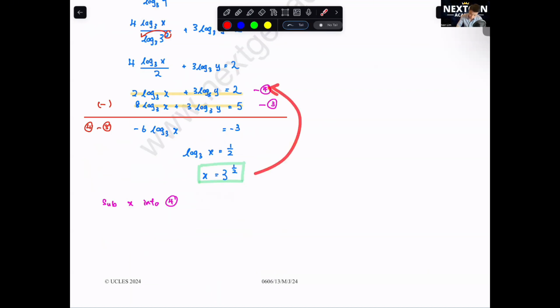So I want to substitute into here, which is 2. Actually we can substitute this log 3x into here immediately also if you want. I think it will be easier. So sub log 3x equals 1 over 2 into equation 4.